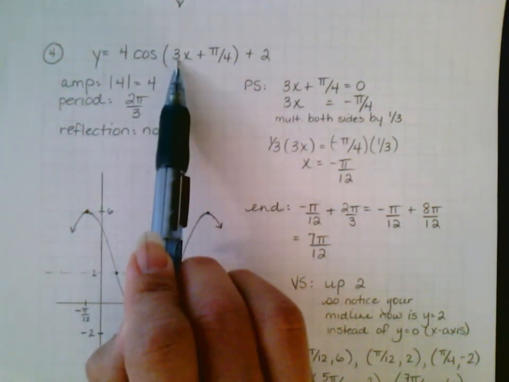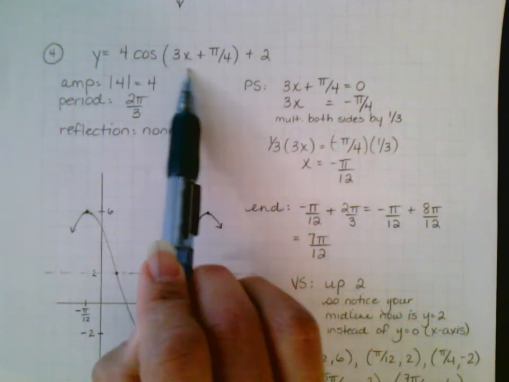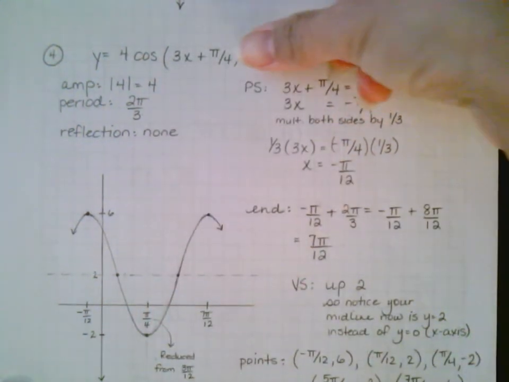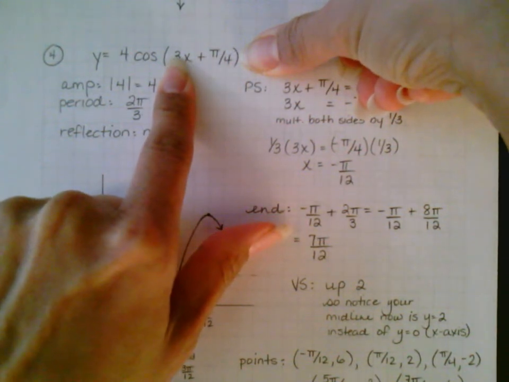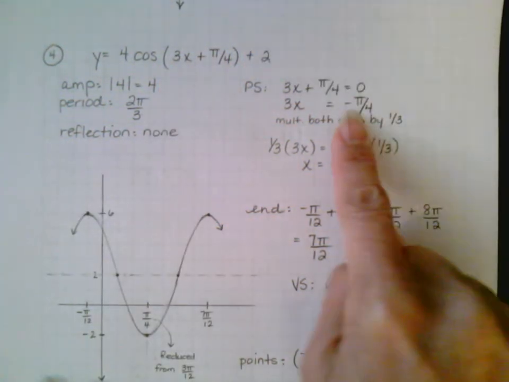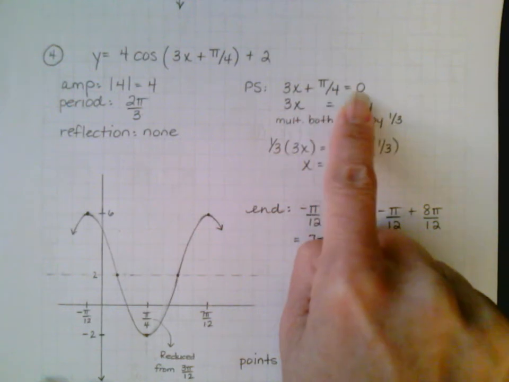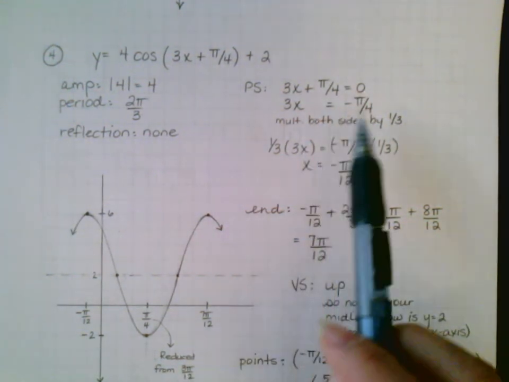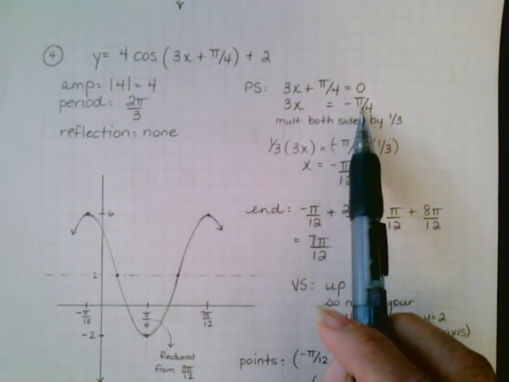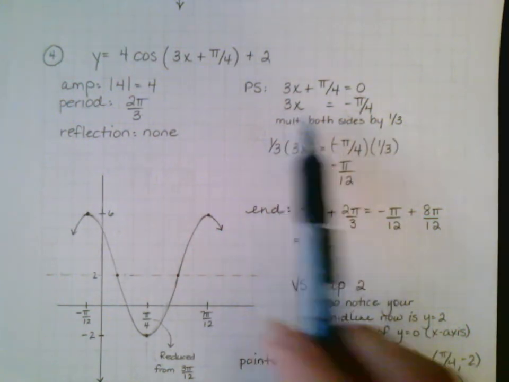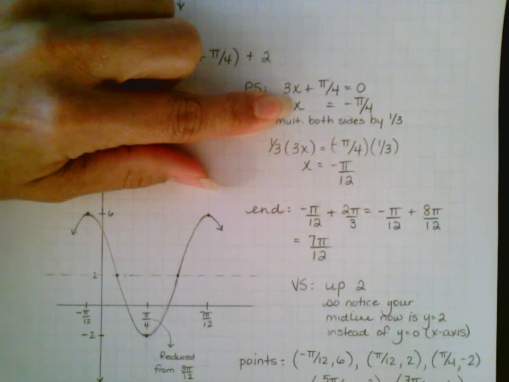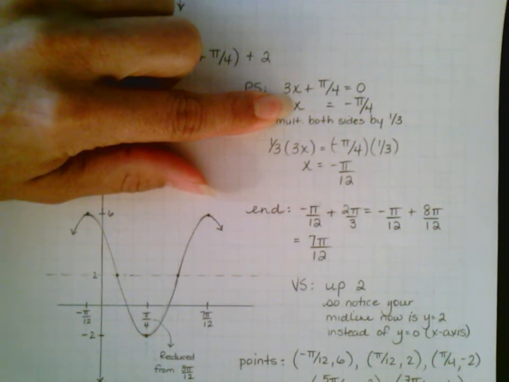I'm going to take everything that comes right after my trig function. I'm not going to include that because that's vertical shift, by the way. I just take this part right here, set it equal to 0, and do my math. So subtract by pi over 4 on both sides. So 3x equals negative pi over 4. And then I'm going to multiply both sides by 1/3, or divide by 3, whatever you want to say. So if I'm going to divide by 3 on both sides, I need to multiply by the reciprocal.